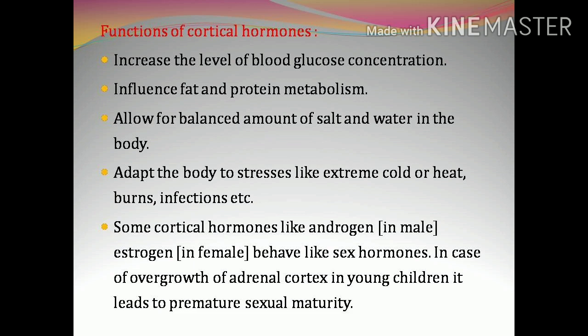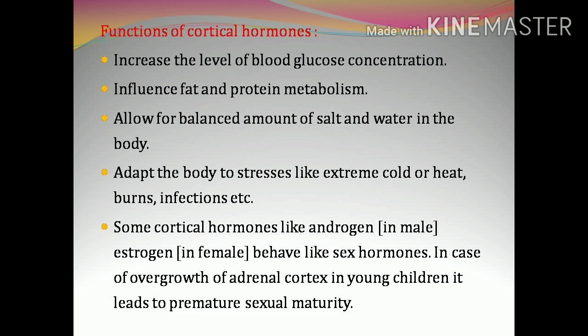Next, some cortical hormones like androgen in males and estrogen in females behave like sex hormones. In case of an overgrowth of the adrenal cortex in young children, it leads to premature sexual maturity.